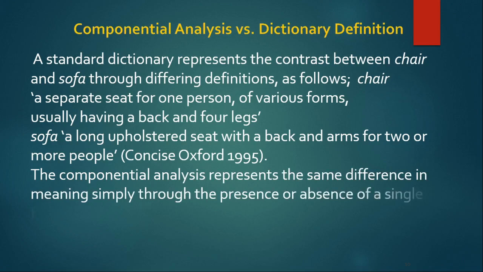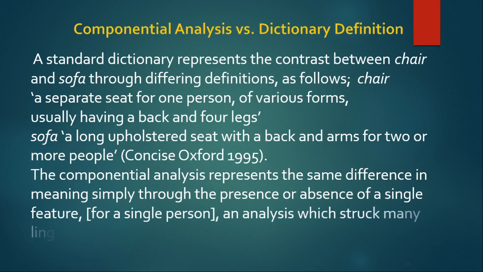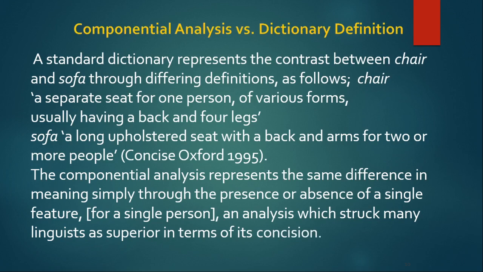The componential analysis represents the same difference in meaning simply through the presence or absence of a single feature, for a single person, an analysis which many linguists consider superior in terms of its concision. Now, dears, it is very simple to know the difference between the two. Dictionary will present you definitions, but componential analysis will present you semantic component features. Either a semantic feature is present, so it is plus, or if it is not present, it is minus.